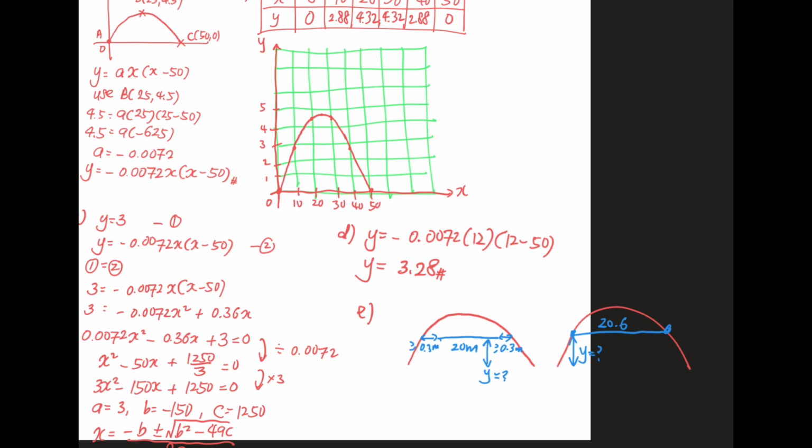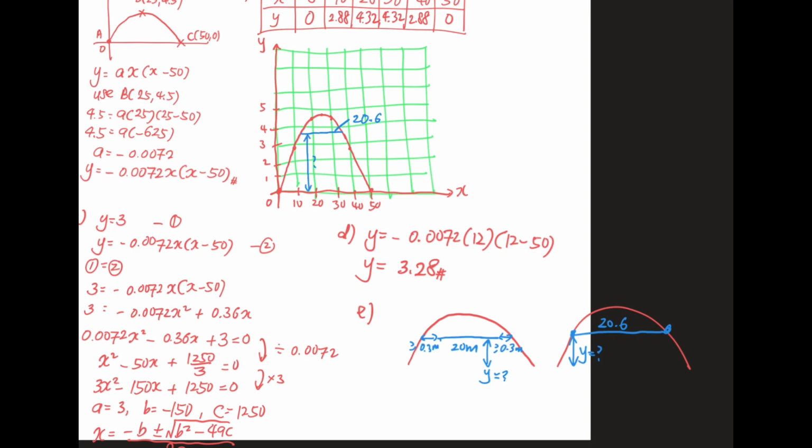Okay, so for our case here we don't have it, so we can only roughly estimate because I'm not really using the graph paper. So 20.6 is around here.